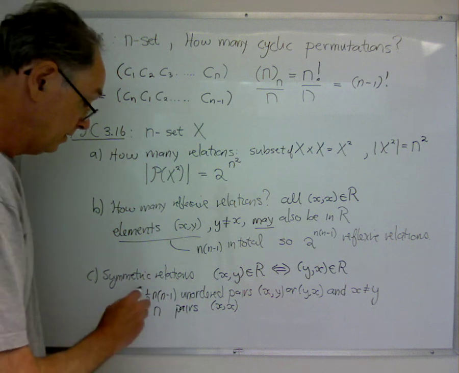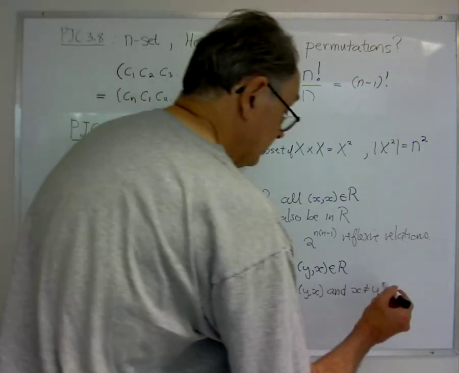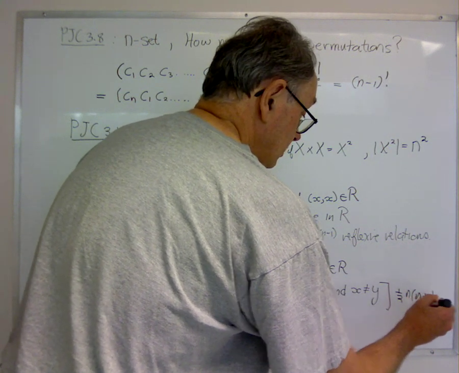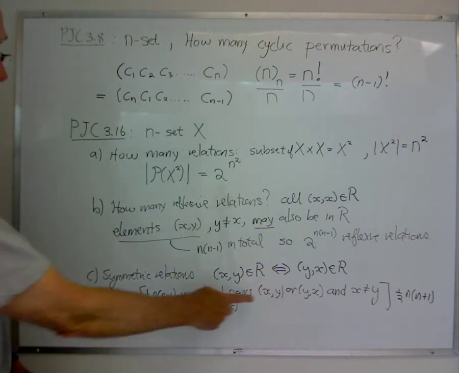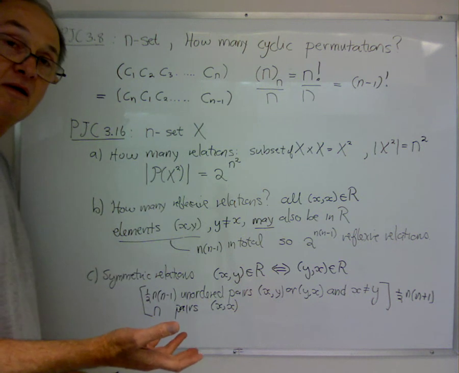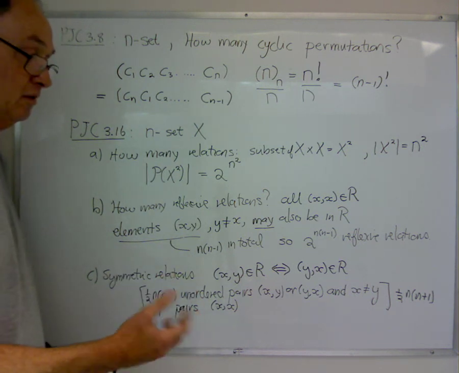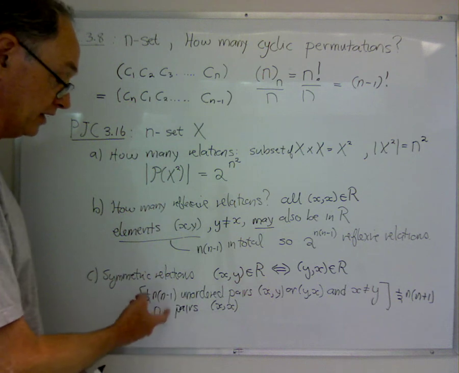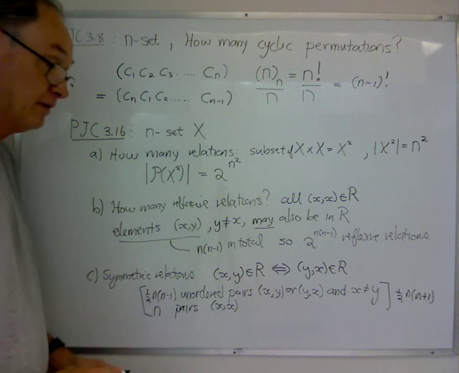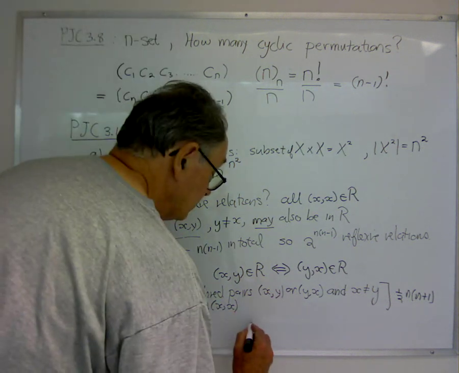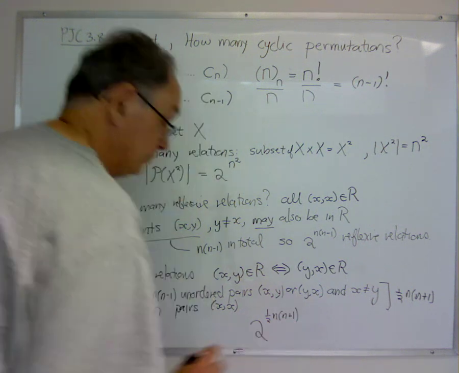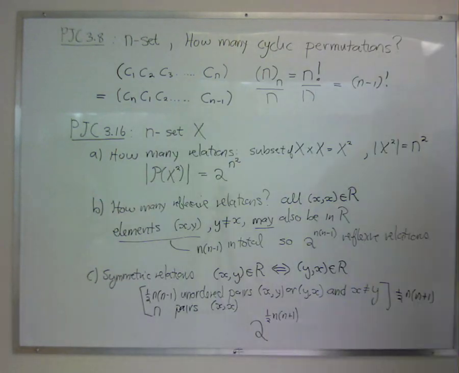So in total, if you add this up, you have 1/2 n(n plus 1) such pairs, right? Unordered pairs plus the xx. So these pairs are all either in, or some of them are in, or out, right? You look at each of these, it's either in the relation or not, and then all of these n pairs are either in the relation or not, and so the answer is you have 2 to the power 1/2 n(n plus 1). So those are the number of symmetric relations.